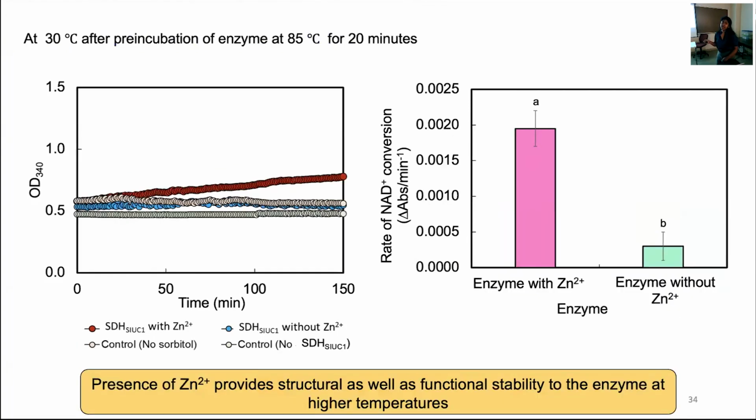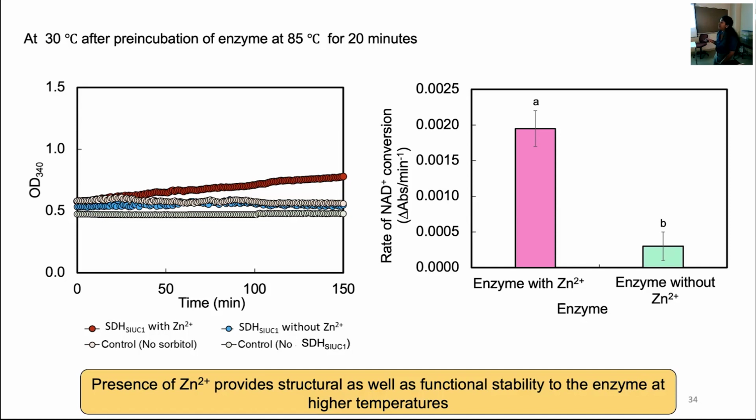And when we pre-incubated the two enzymes and used them in the enzyme assay, we could see that the enzyme with added zinc was still retaining its activity for sorbitol conversion, while the enzyme without zinc had a loss of rate in activity. So this could indicate that the presence of zinc 2+ can affect both the structural and functional stability of this enzyme.